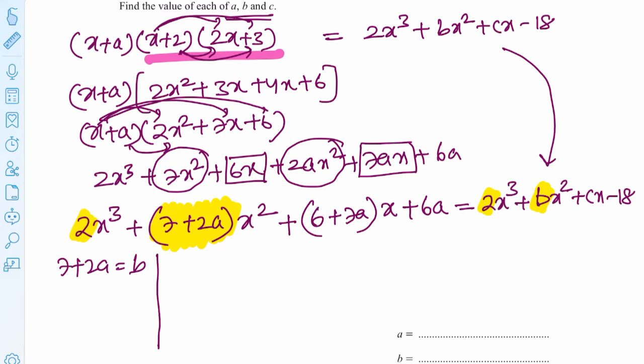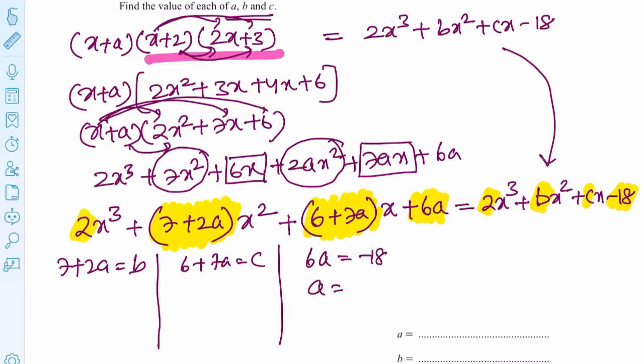Next, it is c, and this is 6 plus 7a, because of the coefficient of x, so 6 plus 7a equals c. Last one, it is minus 18, and this is 6a, so we can say 6a equals minus 18.